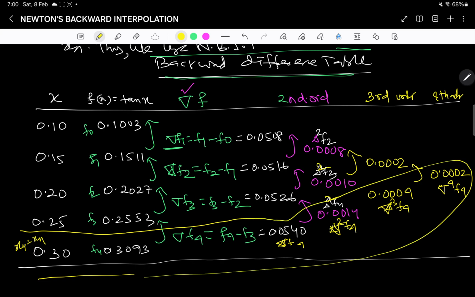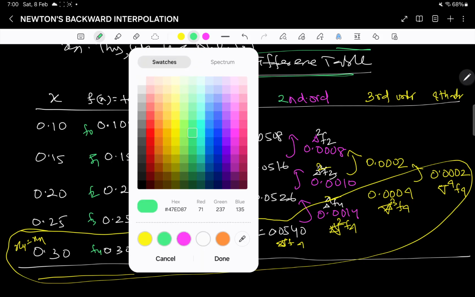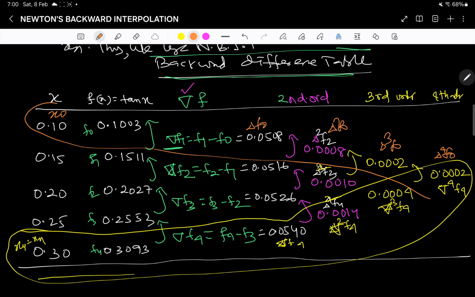Now irrespective of whether it is a forward table or backward table, suppose you are asked to compute forward and backward both, then this will be x0, this will be my f0, del f0, del square f0, del cube f0, del fourth f0. Means in the same table itself I can use the forward or backward.